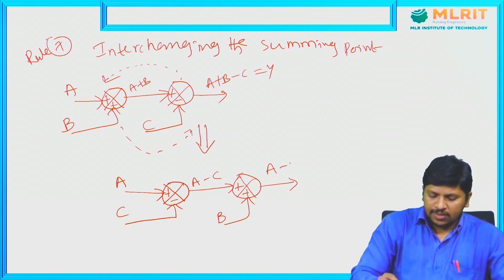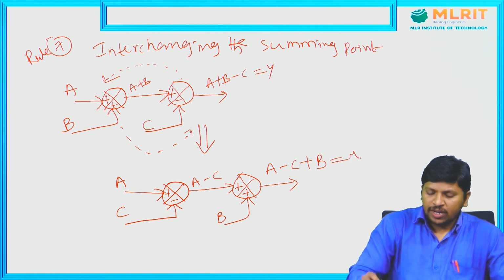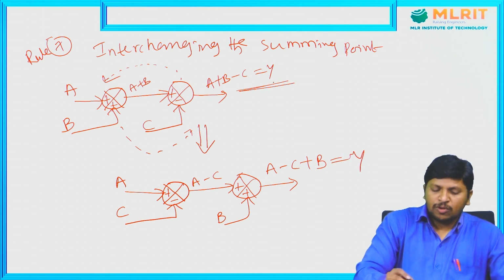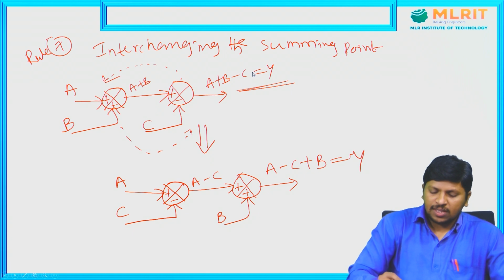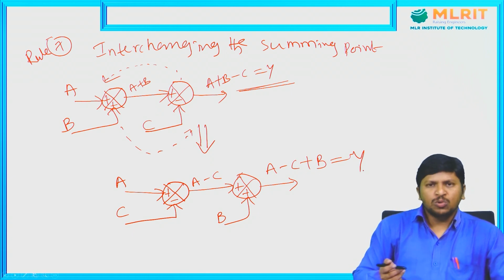A minus C plus B. Here A minus C is added with B, so plus B. Same output, right? Y equals A plus B minus C. Both are the same.